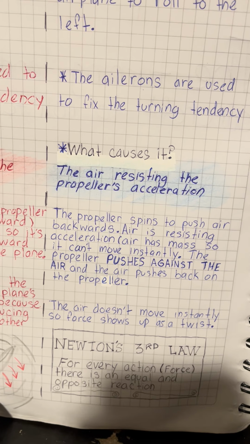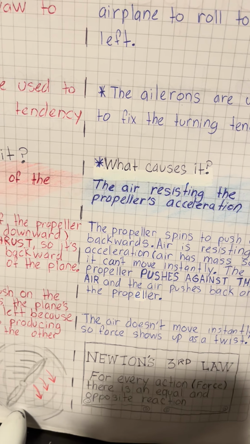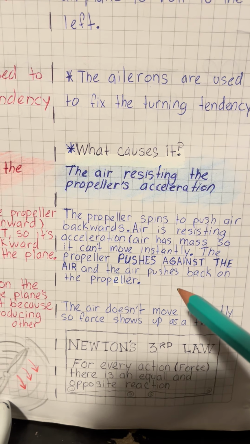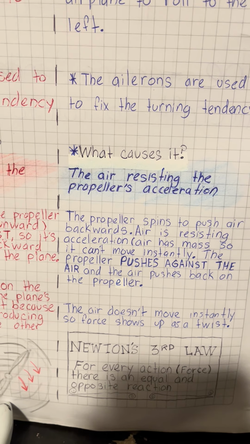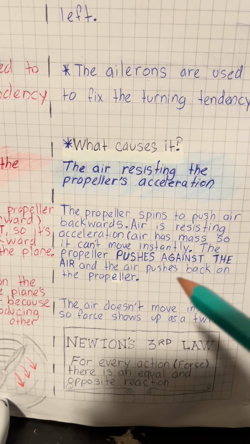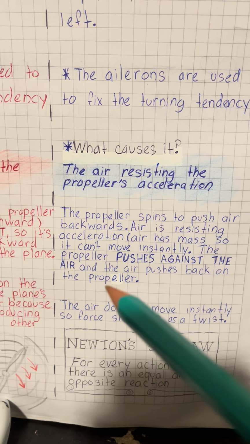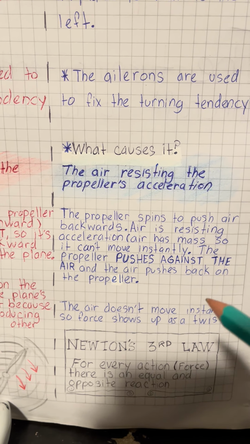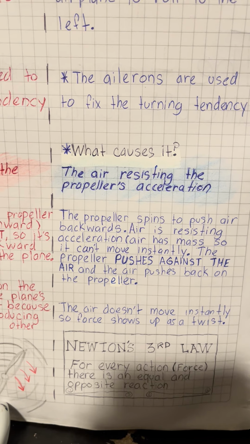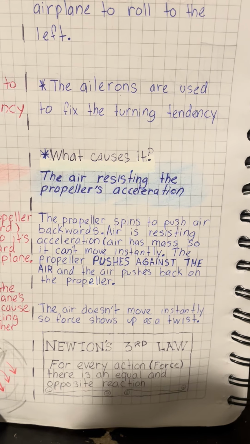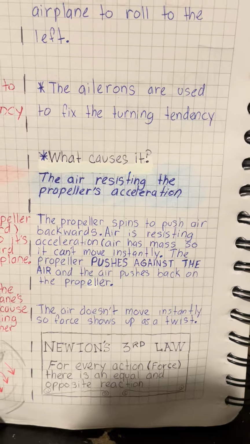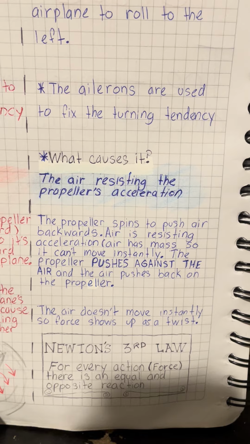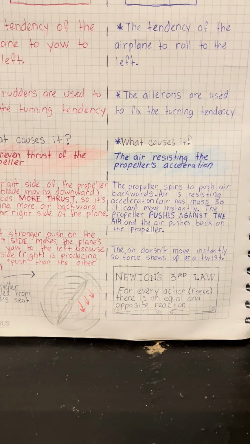Now let's go to the third sentence. The propeller pushes against the air, and the air pushes back on the propeller. I'll read this again. The propeller pushes against the air, and the air pushes back on the propeller. To understand this part, I'm going to use a non-aviation example so we can understand this last sentence.